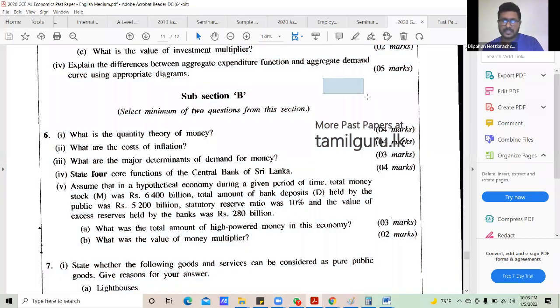So when you are attempting this kind of question, you can write down whatever information you figured out separately. SRR 10%.